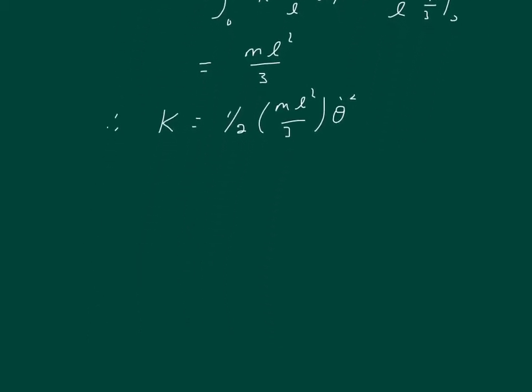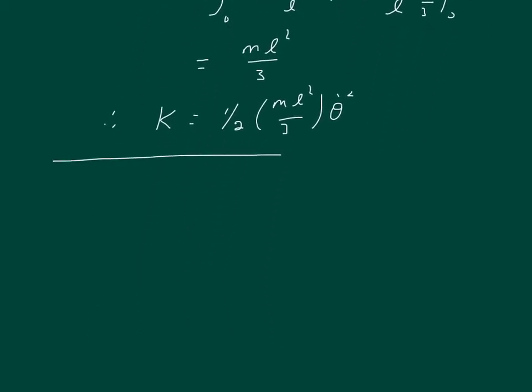Next thing we need to do is compute the potential energy, and the potential energy is equal to some initial or nominal potential energy plus mass times gravity times the height of the center of mass.